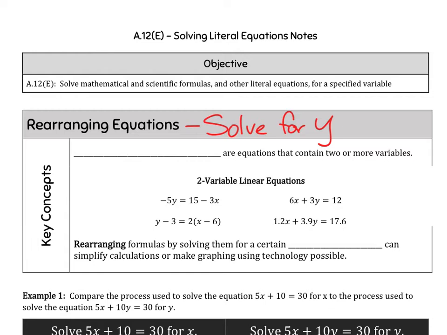So this skill is going to be super important for us in our next unit. Okay? Now these literal equations, that's what this is called, a literal equation, as opposed to a single variable equation, are equations that contain two or more variables.